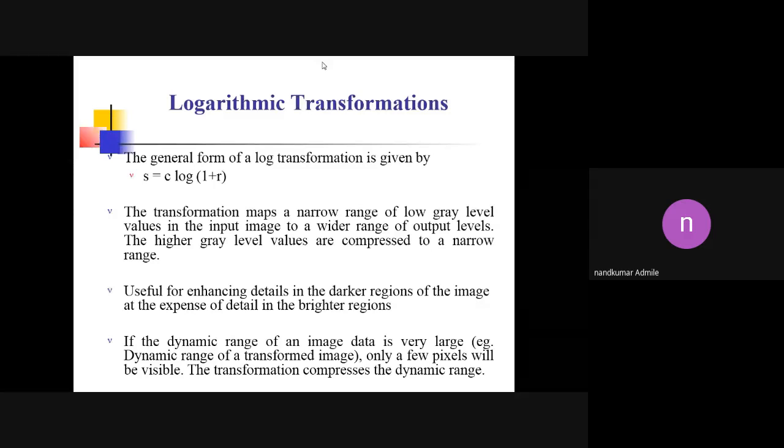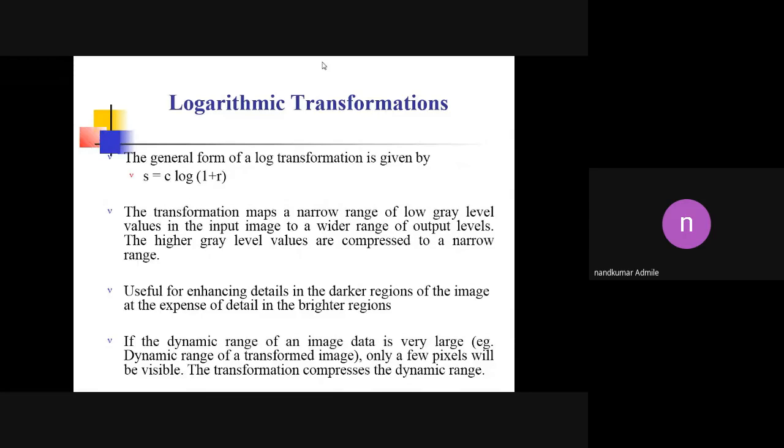We can take the example of graph paper also. In graph paper we can consider a small scale. If there is a large scale, we can consider 1 centimeter equal to 10 points, 1 centimeter equal to 100 points. That means we can compress the large range into the smaller range.